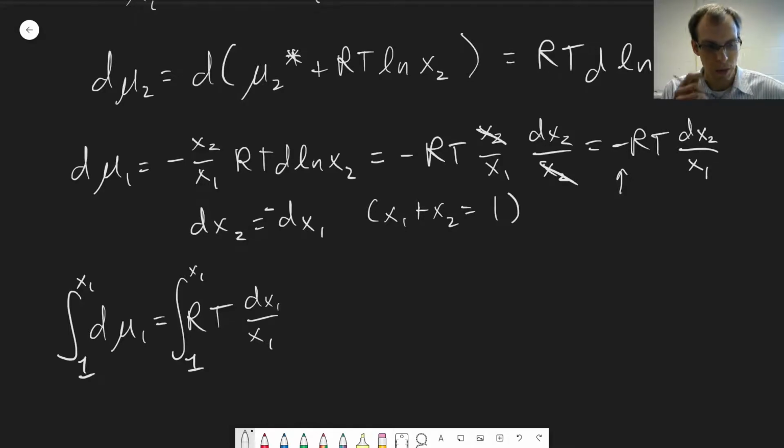The reason we do this is that it's going to be similar to this expression here, where we have one chemical potential of the pure substance, and it's referenced to that. The left-hand side is pretty straightforward.